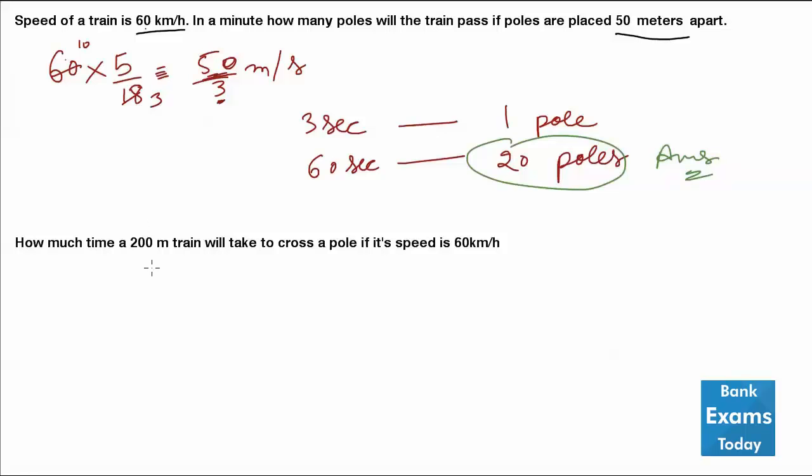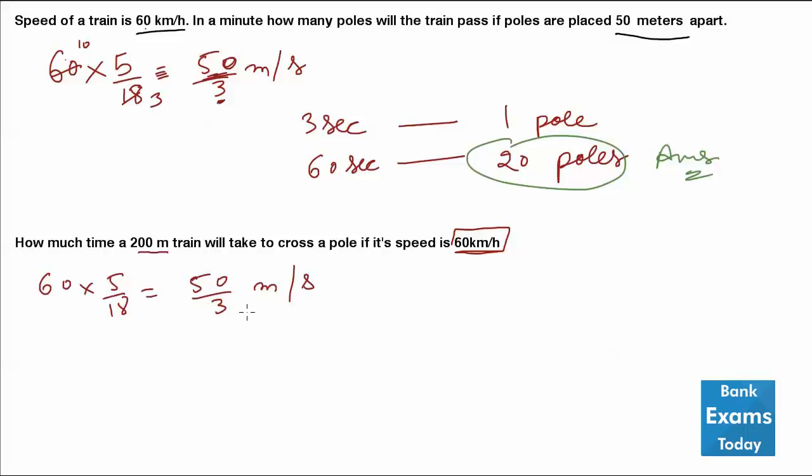How much time a 200-meter train will take to cross a pole if its speed is 60 kilometer per hour? Again, we have to convert the speed of the train from kilometer per hour to meter per second. So that's again 60 multiplied by 5 over 18. So that is 50 over 3 meters per second.